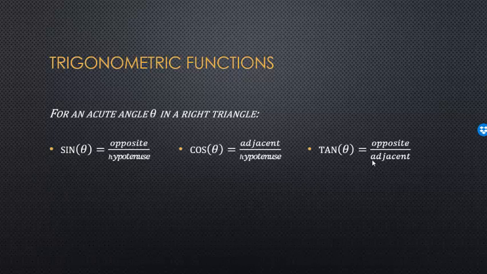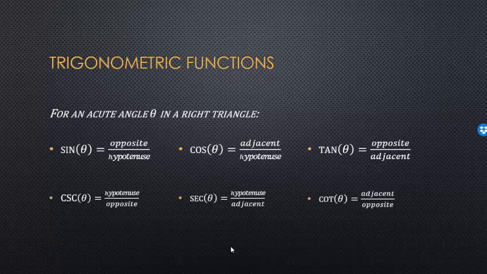These are, I call these the A-list trig functions. So these are the most popular, and then there are 3 others. These actually come from the reciprocal properties. Cosecant is the reciprocal of sine. So you'll see reciprocal, we flipped the numerator and denominator, so now cosecant is hypotenuse over opposite. Secant is the reciprocal of cosine, so you can see that it is the ratio of hypotenuse over adjacent, and cotangent is the reciprocal of tangent, so now we have adjacent over opposite.